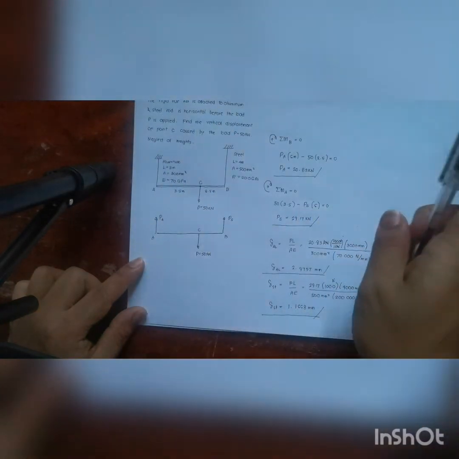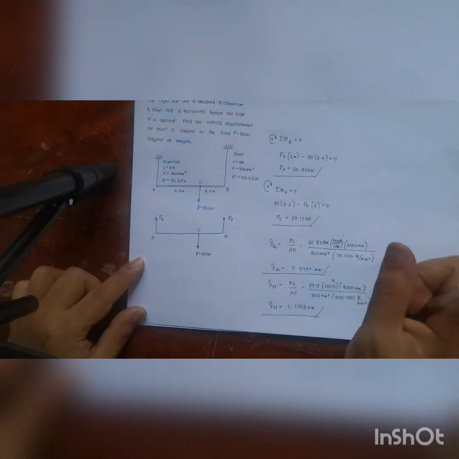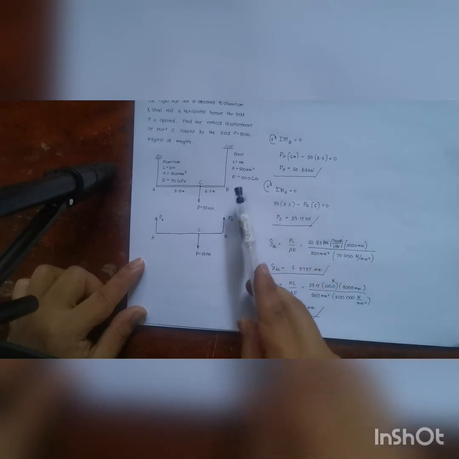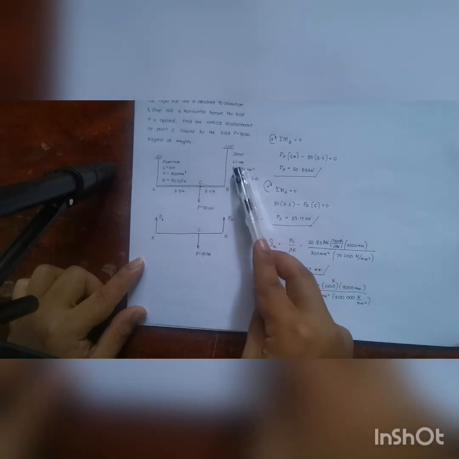Pag sinabi natin rigid yung ating body, that is assumed to be infinitely strong. Ibig sabihin, kahit anong load yung i-apply po natin, hindi po siya ma-deform. Okay, so may deformation lang ay yung aluminum tsaka steel.